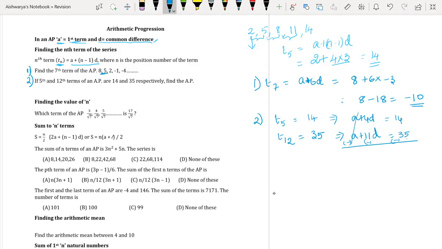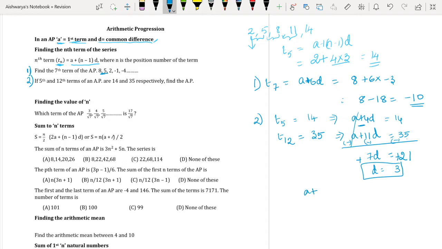A and A will get cancelled. 11 minus 4 gives 7D. 35 minus 14 is 21. There is a negative on both sides, so I am making it positive. So D is equal to 21 by 7, which is 3. D is a positive 3. So we have the value of D. The value of A we can find by substituting here.